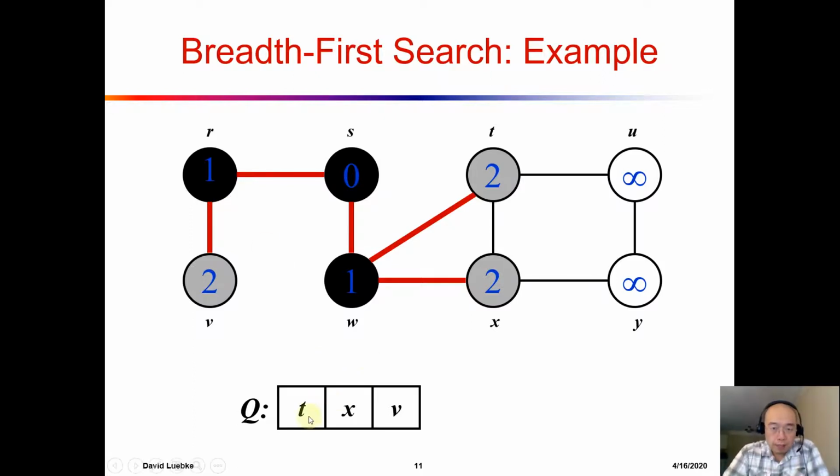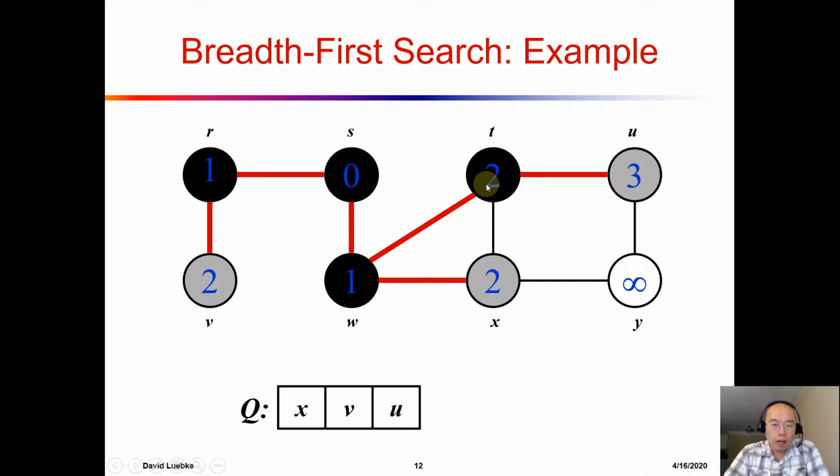And after that, T will be next. T is connected to U, and U is a white node. So we pop T, put U in the queue, and then T is black. When we are exploring the adjacent nodes of T, you see there is U, and we have already added U to the queue.